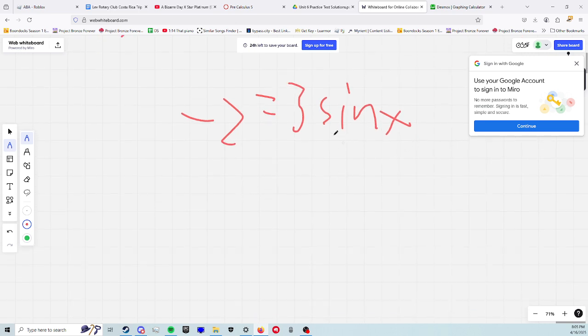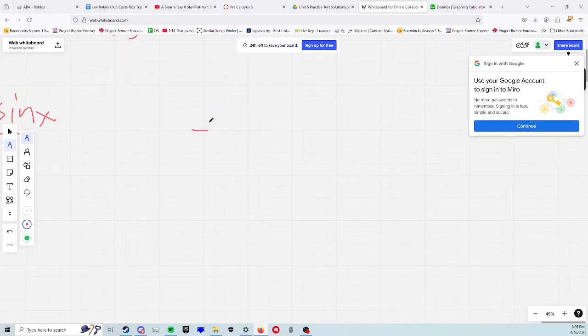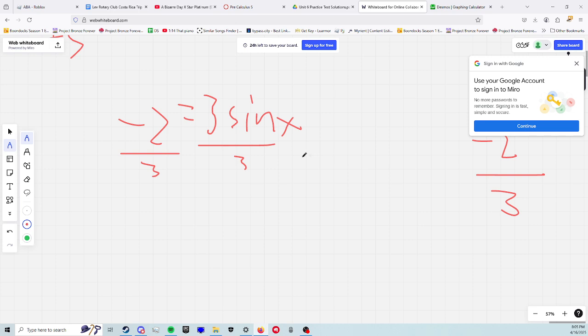And then from here, you can divide by 3, it's 3 times sine x technically. You divide by 3 on both sides, which will then become minus 2 over 3. Oh, I'm sorry, I'm probably going a little too fast for you.